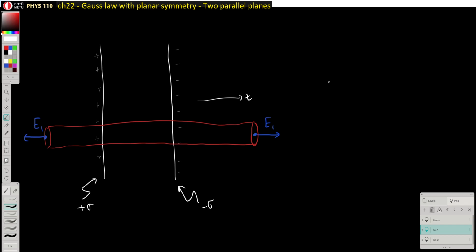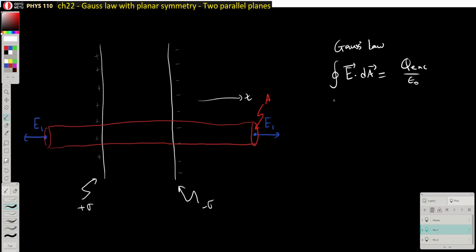Okay, so what I do is this. Let me show that the area in here is equal to A. So I write down Gauss law. The flux integral of the electric field is equal to the enclosed charge divided by epsilon 0.